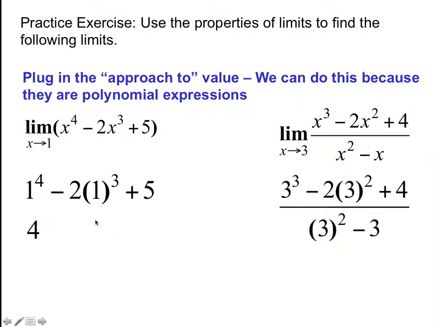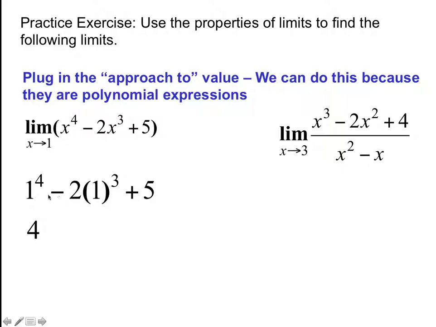In this case, I get an answer of 4, 1 minus 2 plus 5. If I get a finite answer, then the limit has got to be also that answer. In other words, if I have a function that's just a polynomial, not a piecewise or anything fancy, and if the y value exists, it also has to be the limit for the function at that location as well.